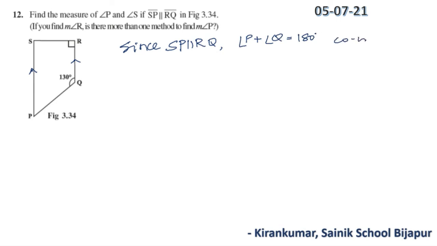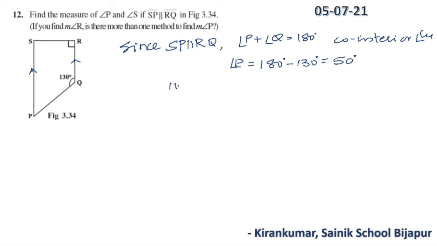They are co-interior angles. So angle P will be equal to 180 degrees minus angle Q, which is 130 degrees. We found angle P. The measure of angle P is 50 degrees.